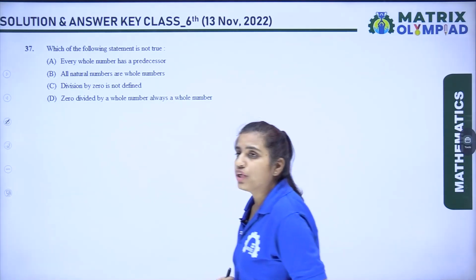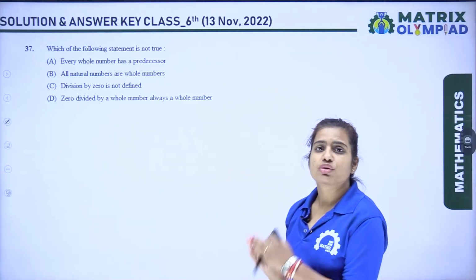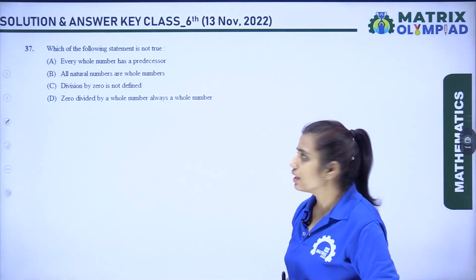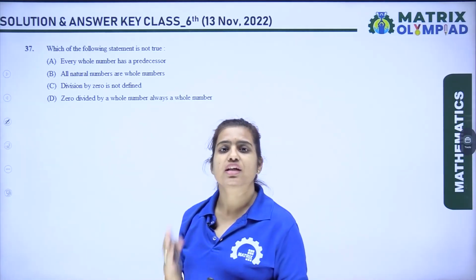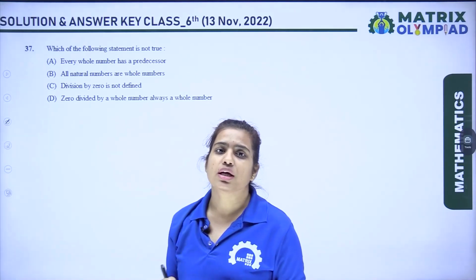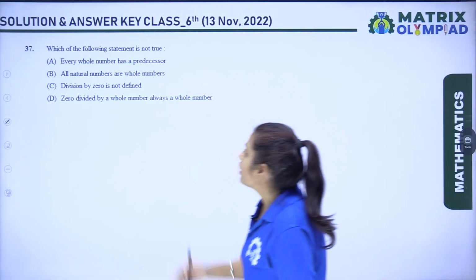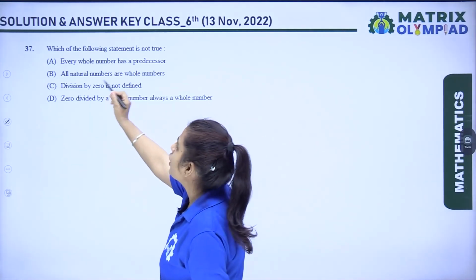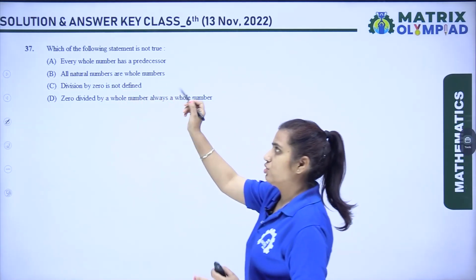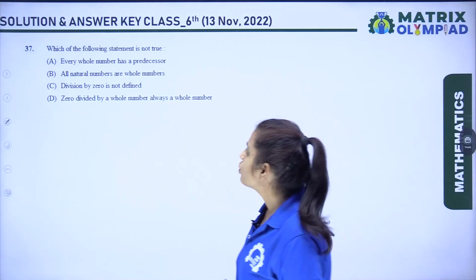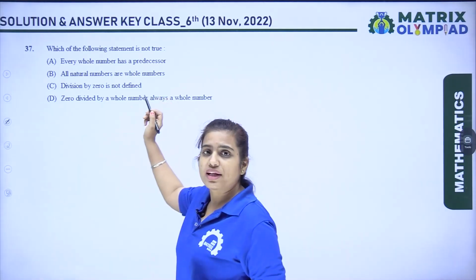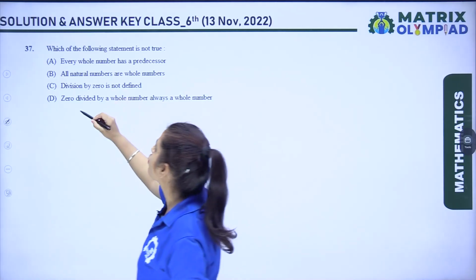Now we know that a predecessor is a number which comes just before the number, or we can say that it is obtained by decreasing 1 from the number. We know that whole numbers start with 0. So 0 has no predecessor, hence this statement is false.